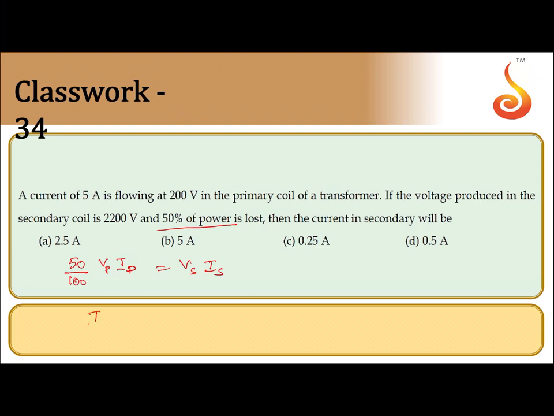So current in secondary Is should be equal to 50 by 100 is 0.5, or I will write it as half, into Vp by Vs. Vp, primary voltage, is 200 divided by secondary voltage, 2200, into primary current, that is 5 ampere.